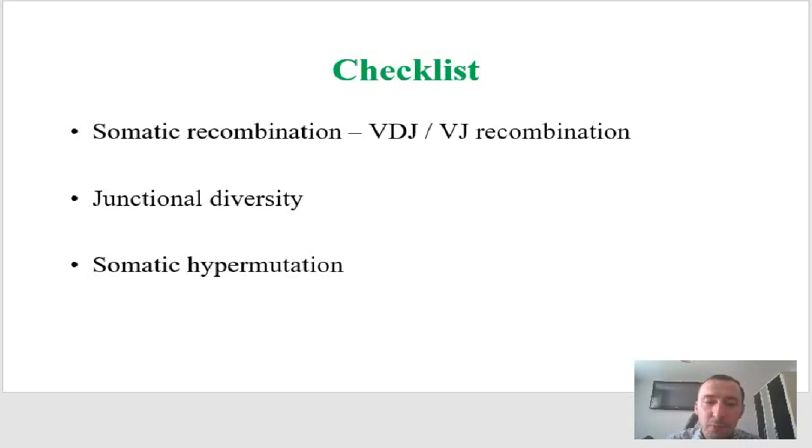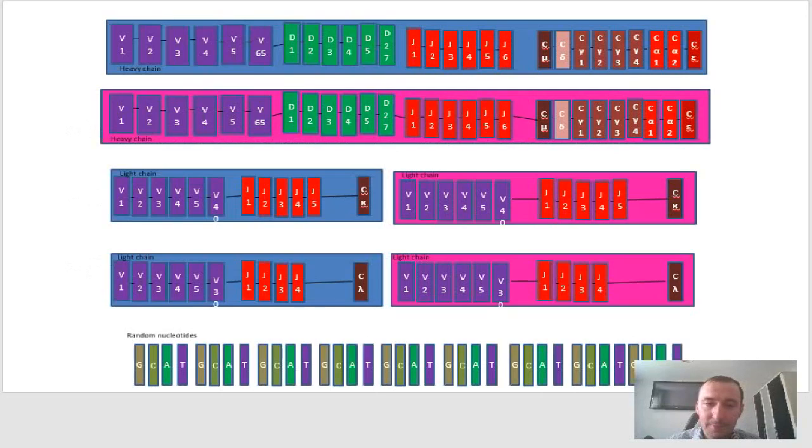So you need to appreciate what somatic recombination is, which we'll deal with in a minute. And then you need to appreciate what junctional diversity is. And lastly, somatic hypermutation. So, let's start with somatic recombination. This is a scenario that we generally have. A B cell will have 2 copies of the heavy chain, 1 copy from the mother and 1 copy from the father.